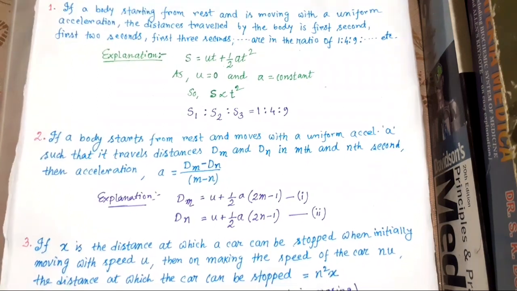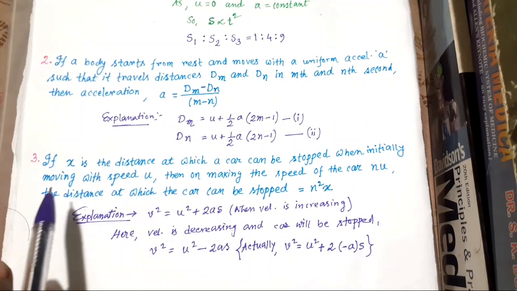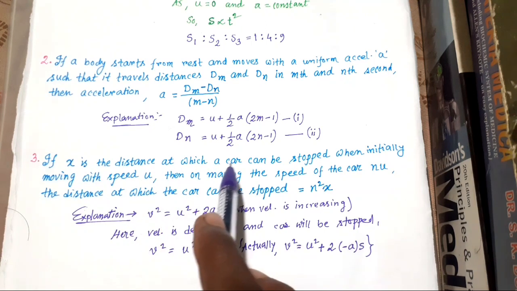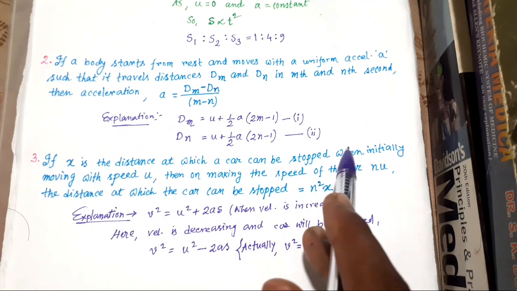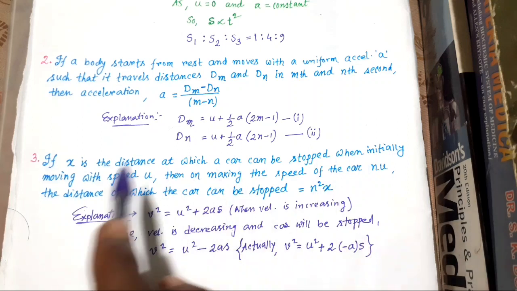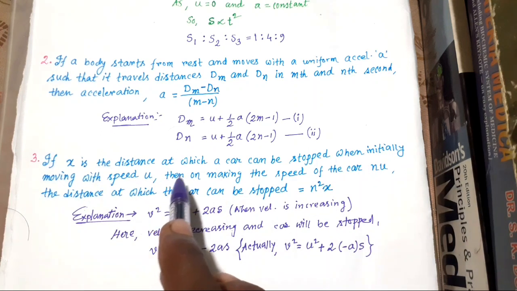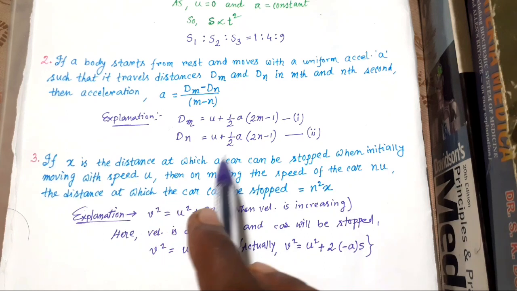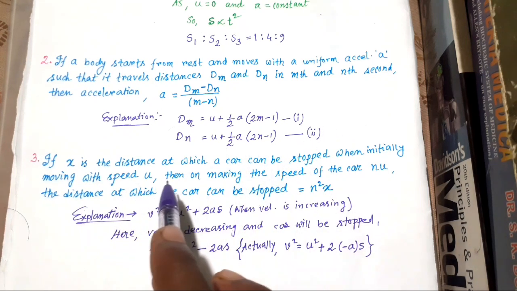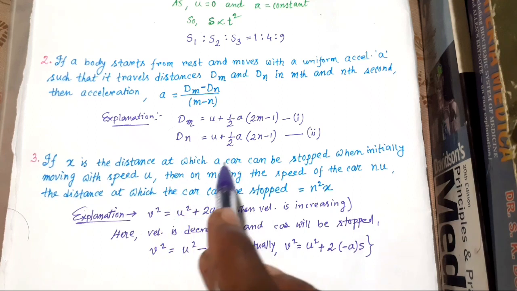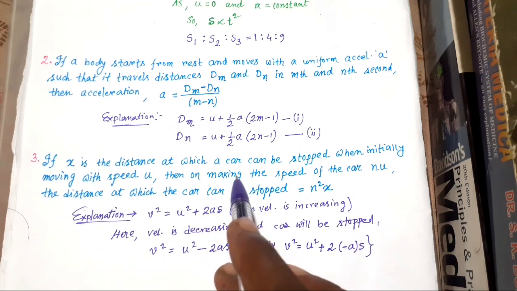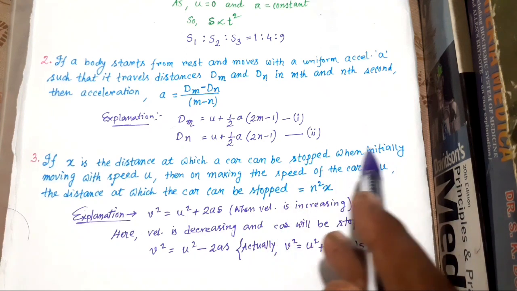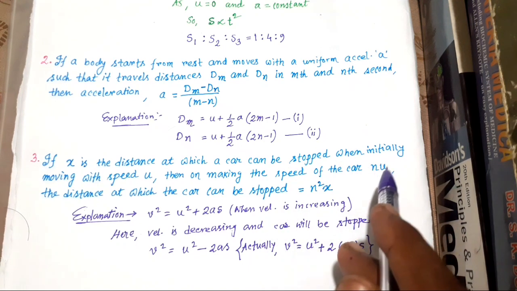Now number 3: if x is the distance at which a car can be stopped when initially moving with speed u. Firstly it was moving with speed u. Then the speed of the car becomes nu.